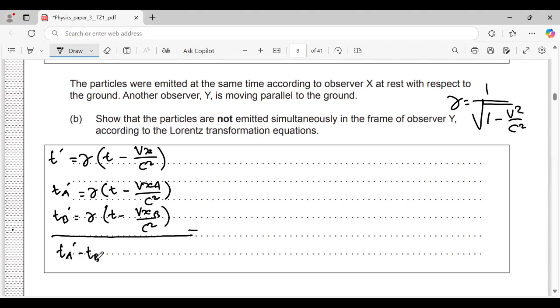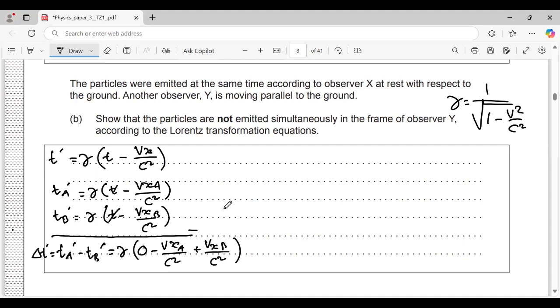It's going to be t A prime minus t B prime, and this is delta t prime actually. Delta t prime is gamma times, t minus t equals 0, minus v x A over c squared plus v x B over c squared, like that.